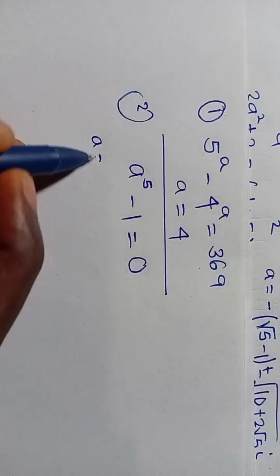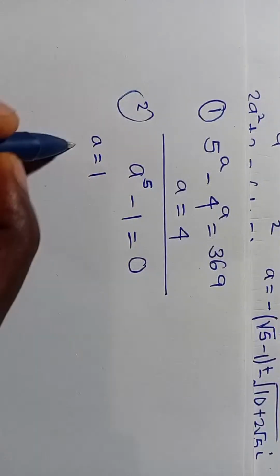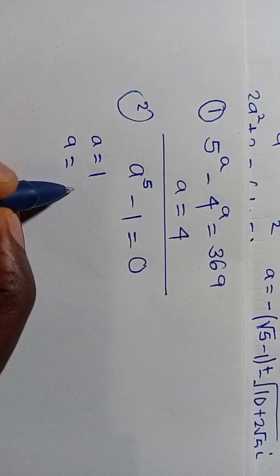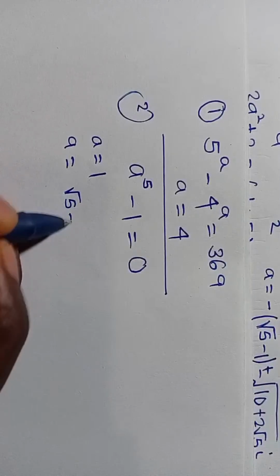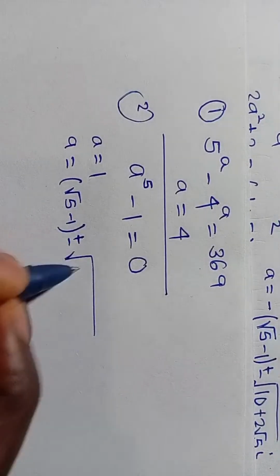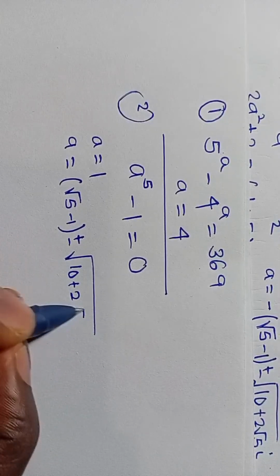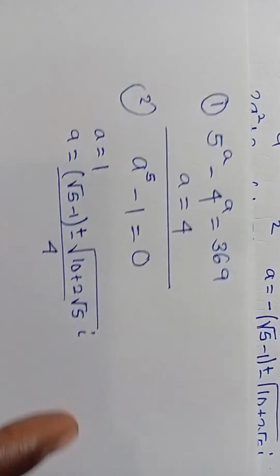We have first a to be equals 1. Then we have another a to be root 5 minus 1, positive or negative, square root of 10 plus 2 multiplied by root 5 multiplied by i over 4.